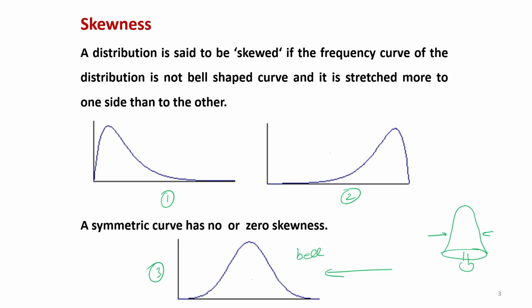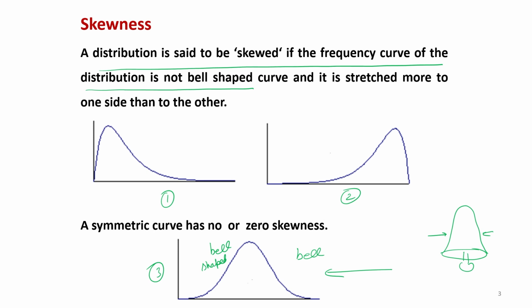So now we say that a distribution is skewed if the frequency curve of the distribution is not bell shaped. This is a bell shaped curve, and the curve is symmetric. When it is not bell shaped, we call it skewed.